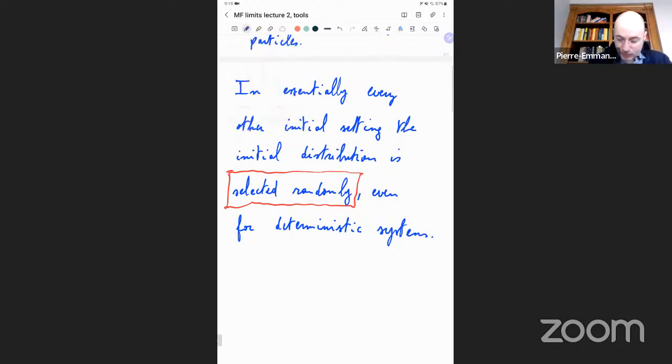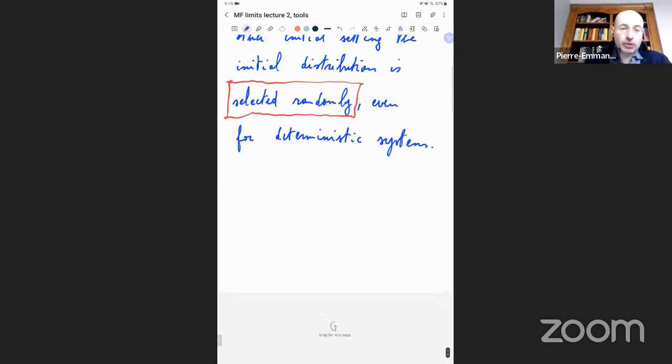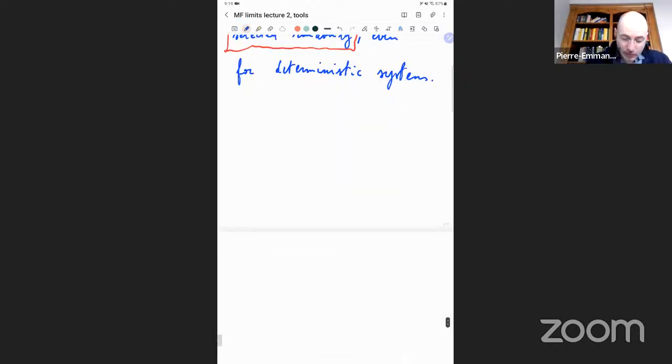Okay, so what kind of random distribution do we have? The simplest and most classical one is simply to take the initial positions and velocities independent and identically distributed, so IID.